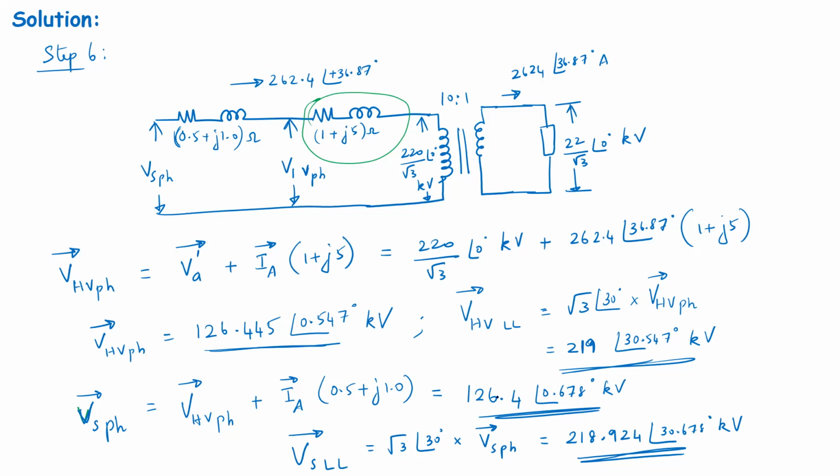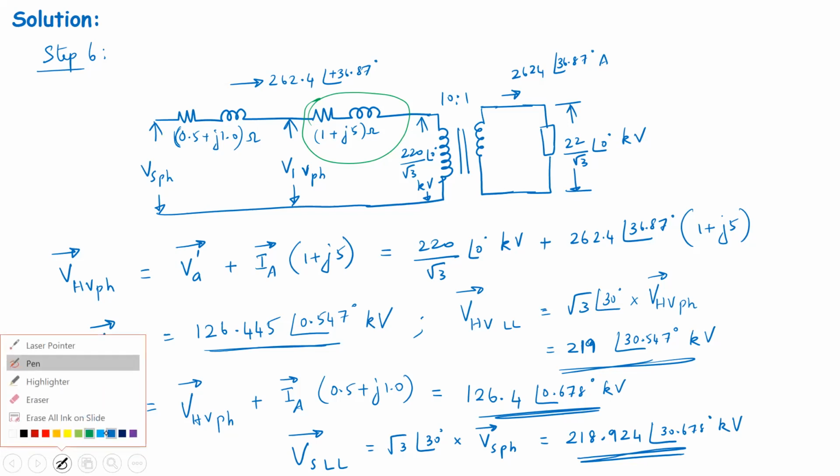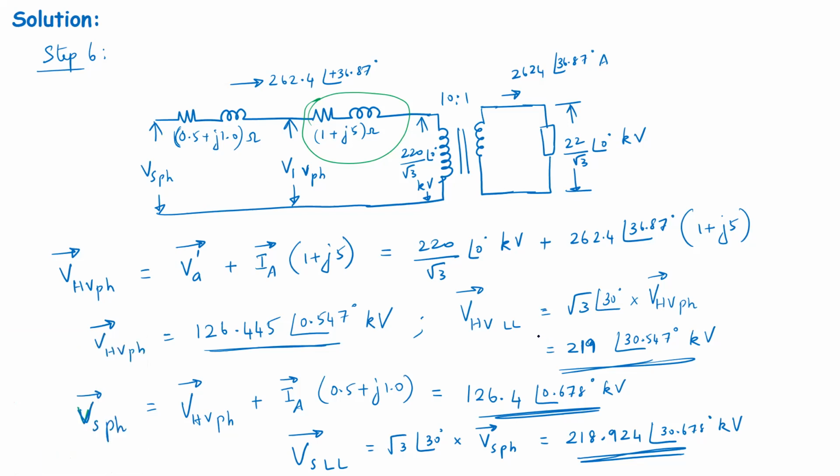Okay, so these two results actually are very important. The line-to-line voltage on the high voltage side of the transformer, which is this value here, and the sending end voltage line-to-line value, which is this value here, clearly show that with the capacitive load, it is possible to have a sending end value or the source value lower than that of the load value.